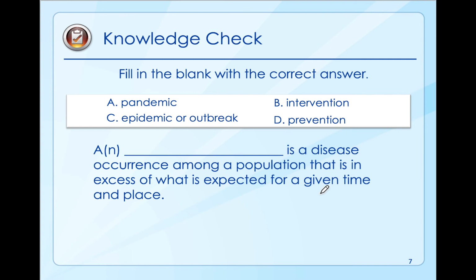A blank is a disease occurrence among a population that is in excess of what is expected for a given time and place. And I want to stress this. I said it a little bit in my introduction back there about what it is. And let's see if you caught it. What is that called? And the answer is an epidemic or an outbreak.